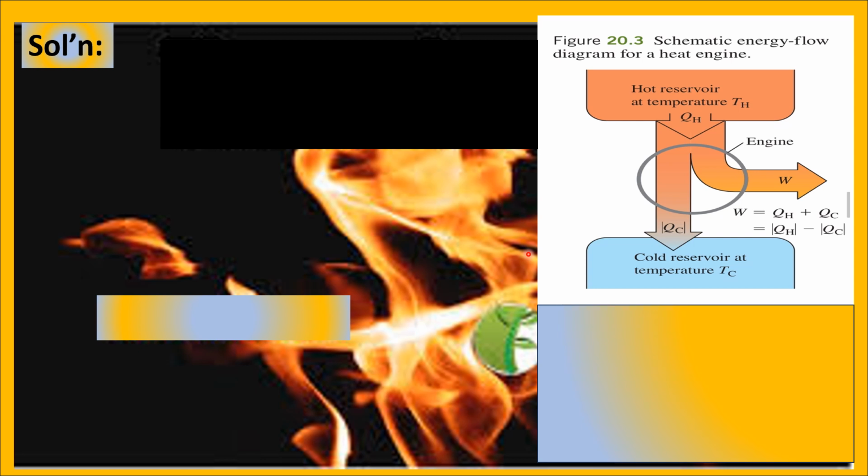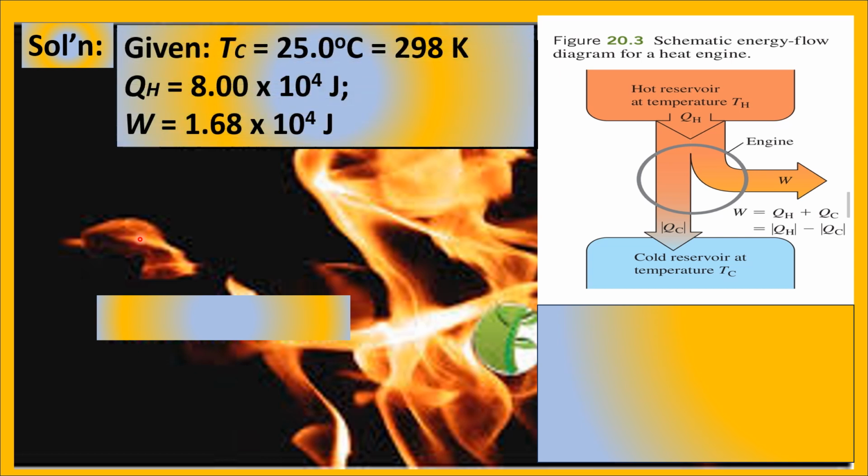Now, the fraction of the heat from the hot reservoir that is converted into work is called the thermal efficiency of the engine. So for question letter A, we are going to calculate this thermal efficiency.